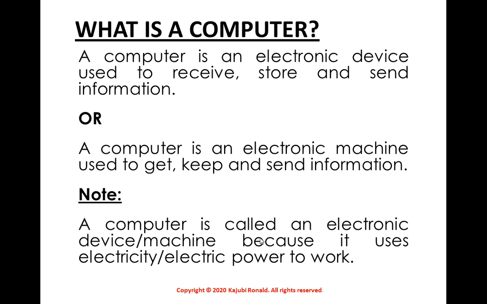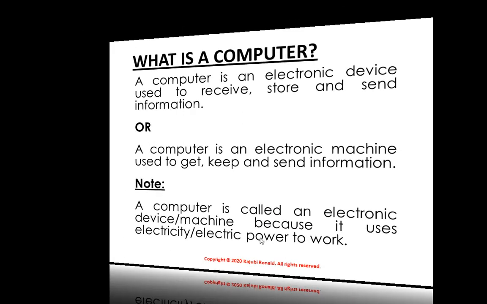So that's why I'm saying that a computer is an electronic machine used to get, keep, and send information. This is a point note. This computer is called an electronic device or an electronic machine simply because it uses electric power to work, right?